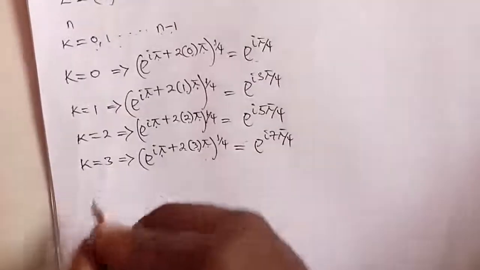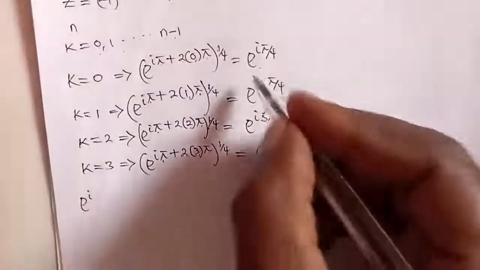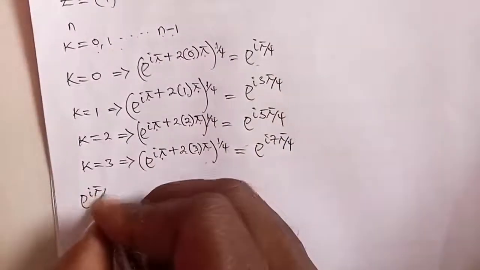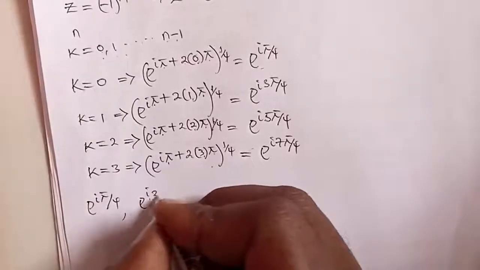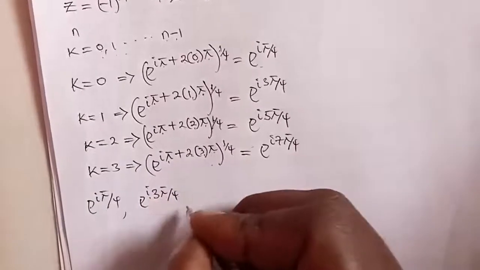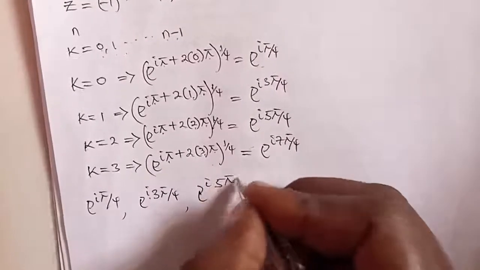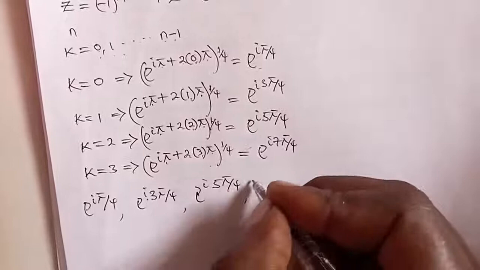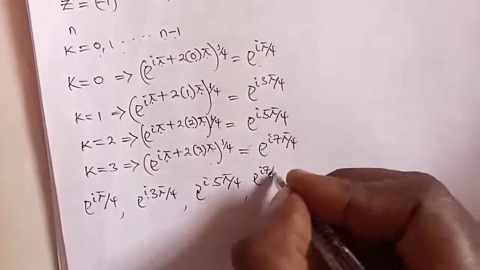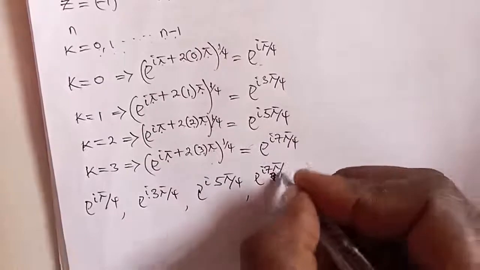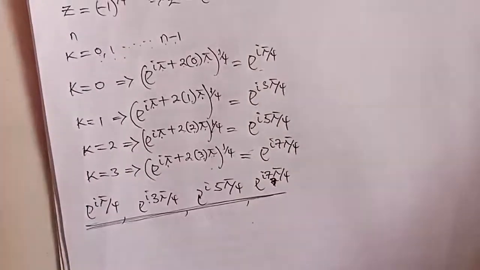So all the roots therefore are e^(i pi/4), e^(i 3 pi/4), e^(i 5 pi/4), and e^(i 7 pi/4). These are the possible roots.